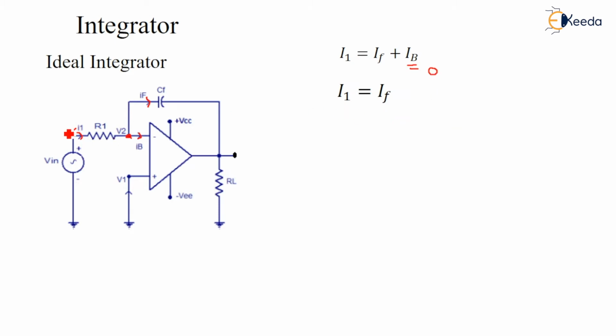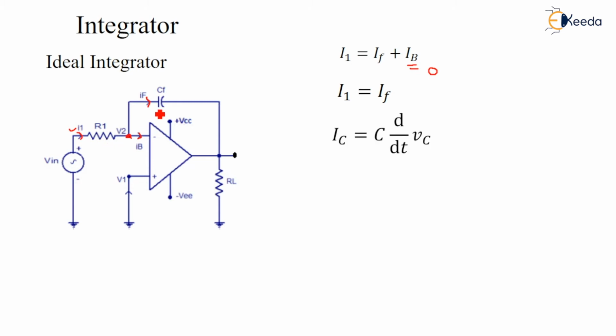We know this I1 current flow is due to the potential difference at 2 points divided by the resistance offered by that path. So here I1 is due to the potential difference of Vin minus V2 divided by the total resistance offered by this path, R1.